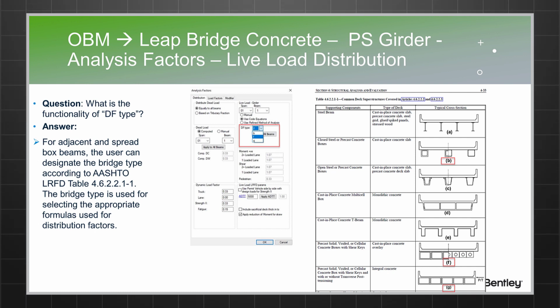The bridge type is used for selecting the appropriate formula to calculate the distribution factors. So based on what type of bridge you are trying to model, analyze, and design, the user should be able to select that particular bridge DF type, and they can generate the live load distribution factors.